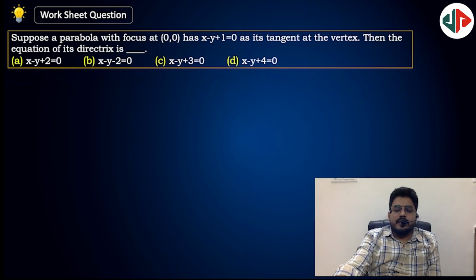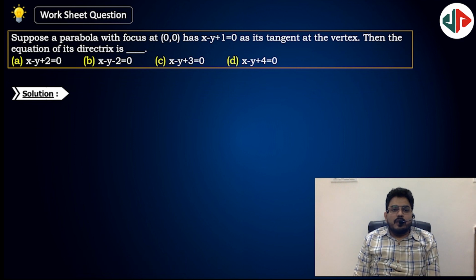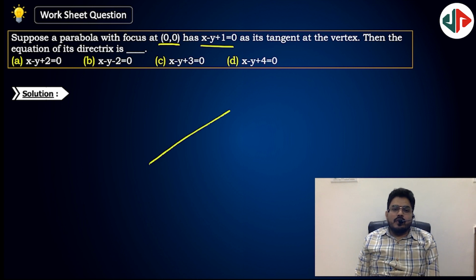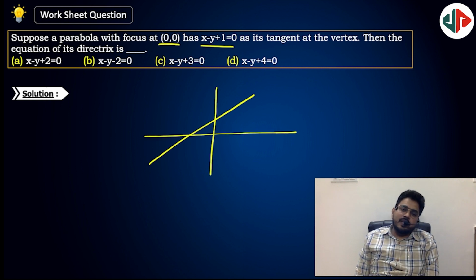Next question: suppose a parabola with focus at (0, 0) has x - y + 1 = 0 as its tangent at the vertex. Then what is the equation of the directrix? If you look here, x - y + 1 = 0, so y = x + 1.